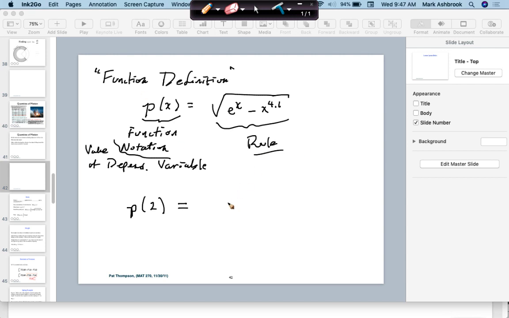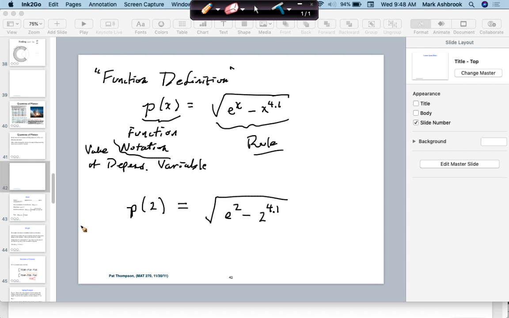It equals square root of e squared minus 2 to the 4.1. But you don't have to write that. It does tell us what p of 2 is, but just p of 2 by itself is perfectly content to be by itself and have legitimate meaning.